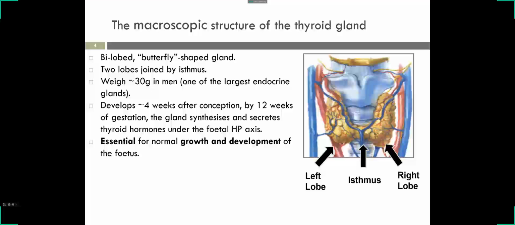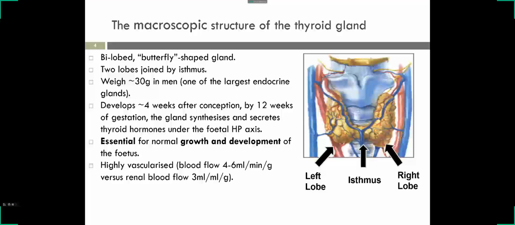As you can see also from this image, it is highly vascularized, okay? Which means the delivery of the hormones, as its endocrine function, is easily facilitated, with blood flow going through around 4 to 6 milliliters per minute.